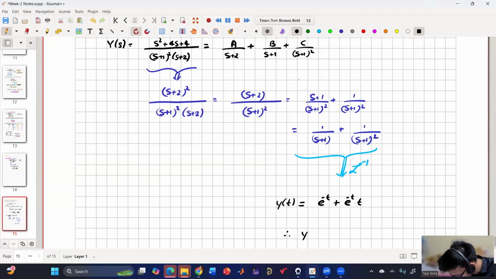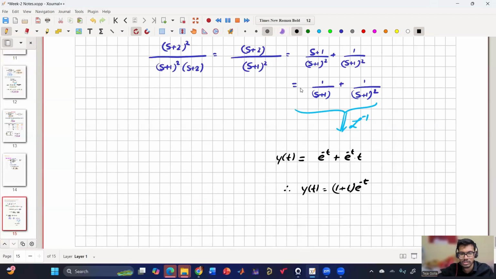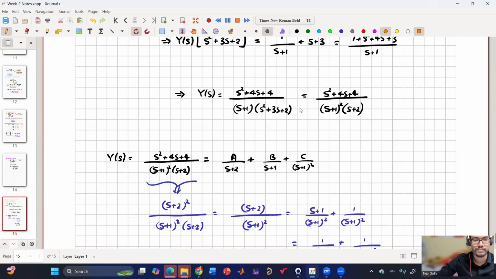So my y of t is (1 plus t) into e to the power minus t. So this is the Laplace inverse using frequency shifting. So this is how we solve the linear differential equation, and that's how we get the expression.